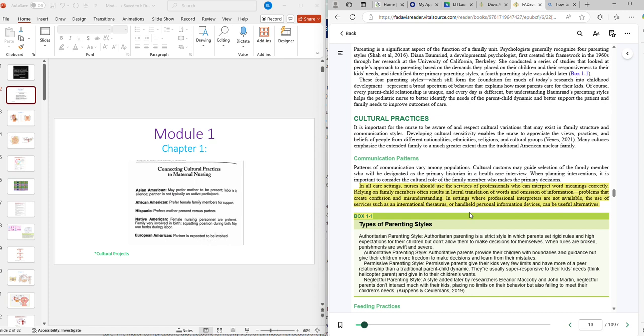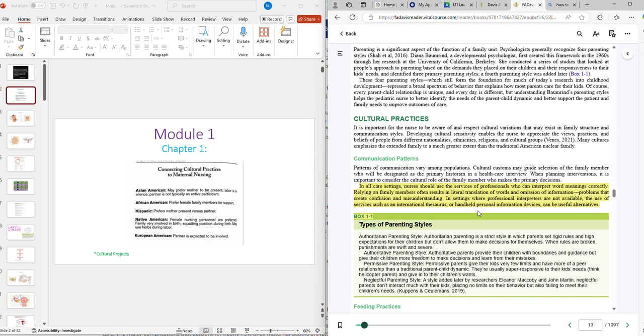We use the employees that are interpreters of the facilities. Relying on family members often results in literal translation of words and omission of information, problems that create confusion and misunderstanding. So in settings where professional interpreters are not available, the use of services such as International Thesaurus or handheld personal information devices can be useful alternatives.